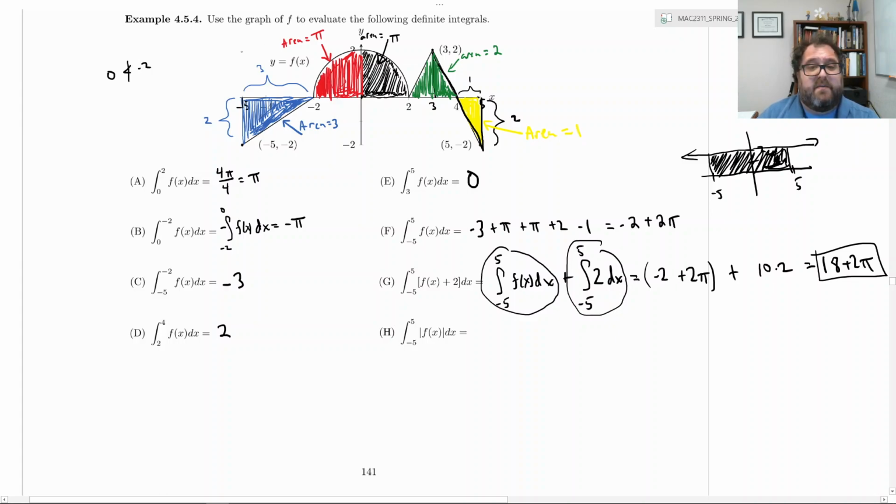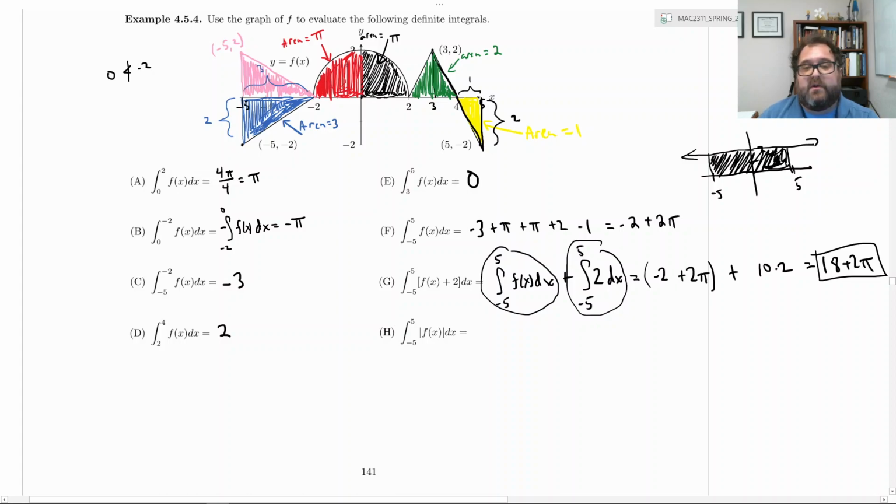Absolute value flips it up over here, and now we have the point negative 5, positive 2. And so instead of having this blue triangle down there, now we have the exact same triangle, except it is above the x-axis. That's what absolute value does.